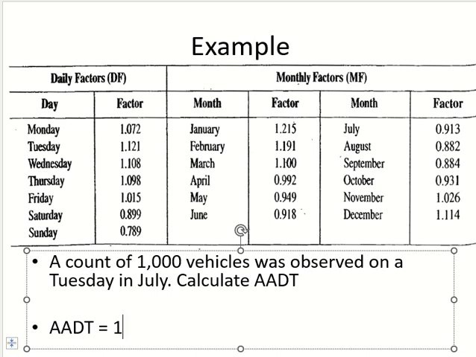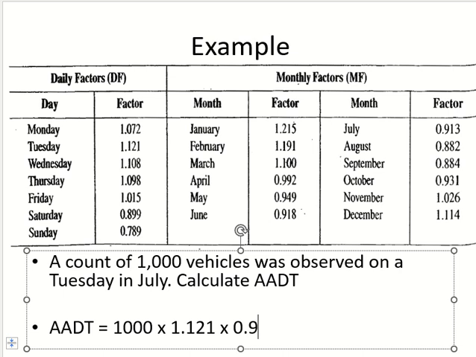AADT will be 1,000 times the factor for when it was taken, Tuesday. And which month was it taken? July. So for July the factor is applied.